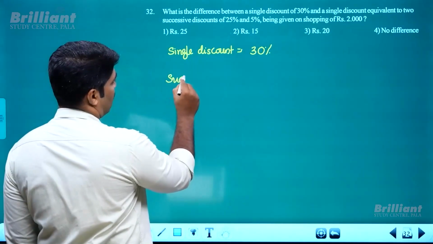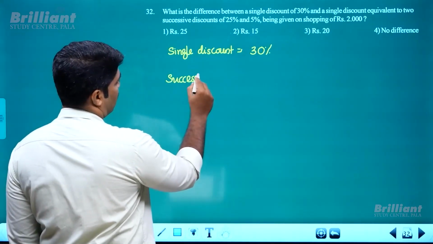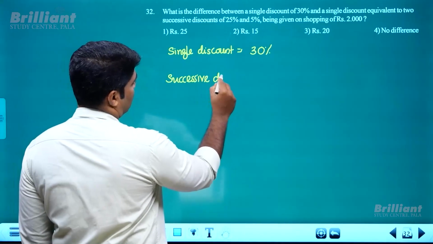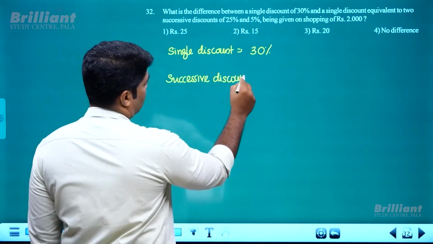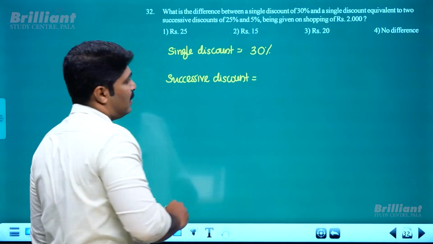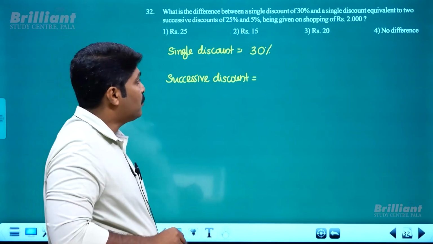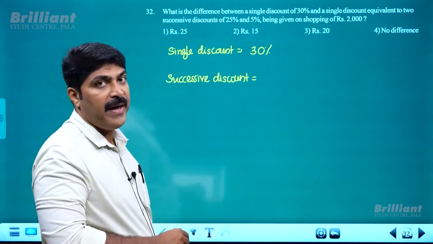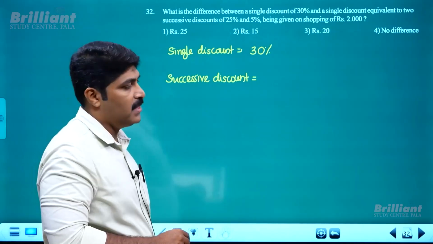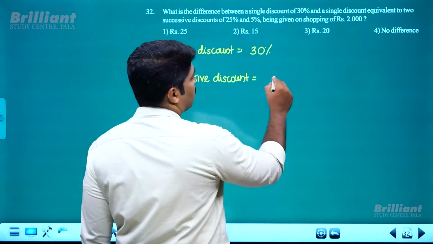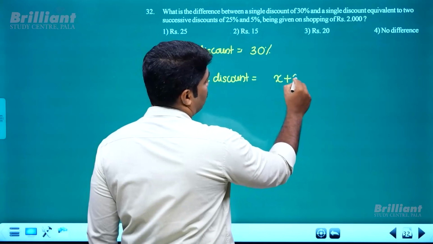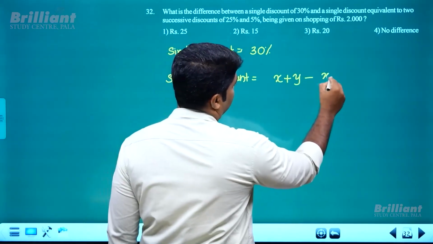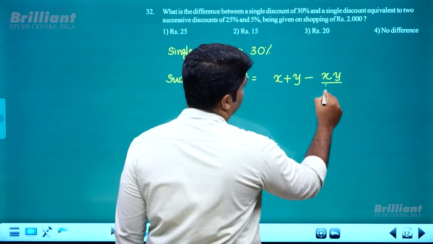So here, for successive discounts, you have to understand the result. Two successive discounts of x% and y% will be equal to a net discount of x plus y minus x into y by 100%.